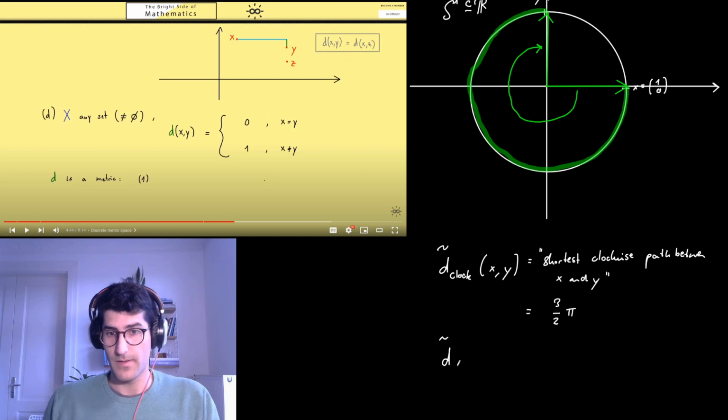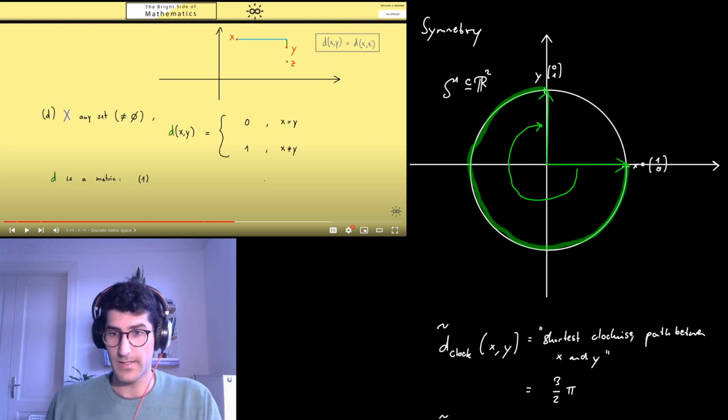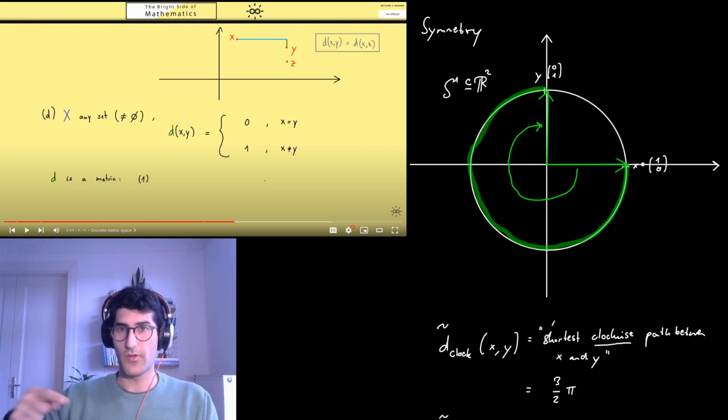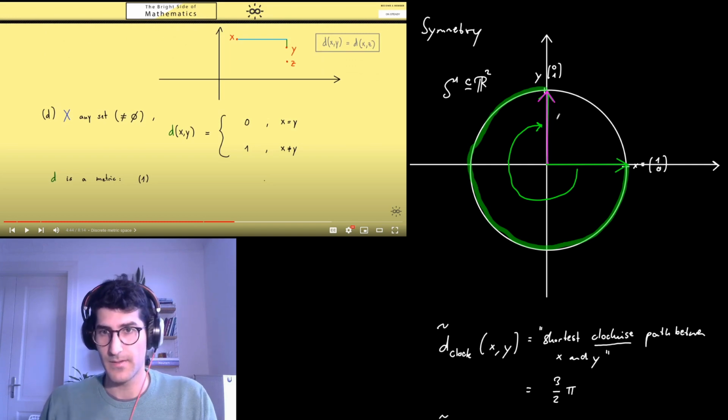So what about now the distance between y and x in the above example? Recall that we go through our circle in a clockwise fashion. So if I now start at y, and I want to go to x, then the shortest clockwise path will run like this, until I hit x.